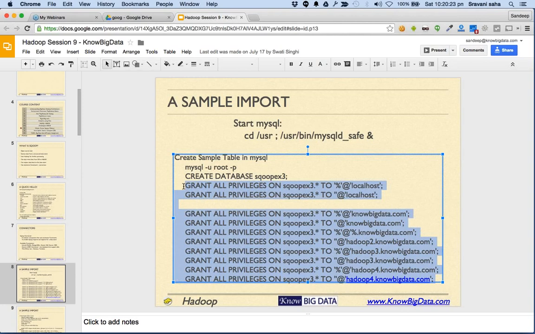There's a connectivity failure all the time. That is because any command you run on Sqoop will run as a MapReduce job, which means the node will be selected based on availability. It might be Hadoop1, Hadoop2, Hadoop3, or Hadoop4.